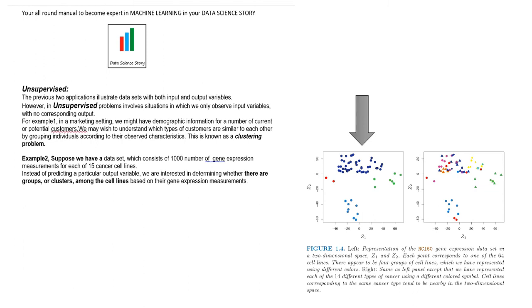On the right-hand side of your screen you can see the gene expression data, and by analyzing the gene expressions of n number of cells, we were successfully able to categorize them into different groups like red, dark blue and green.